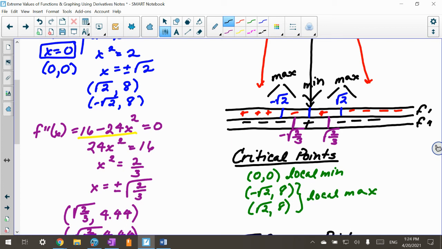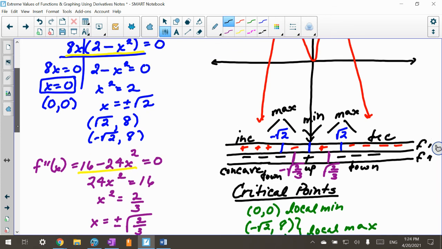So this is increasing, decreasing, increasing, decreasing. Here it's concave down, concave down like a frown. And so is this, and this is going to be concave up, concave down. And if I look at my graph, that's what everything looks like.